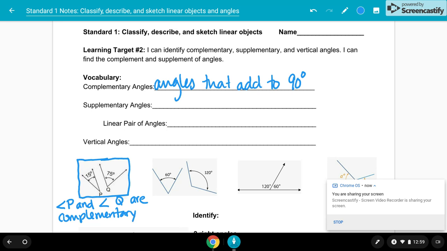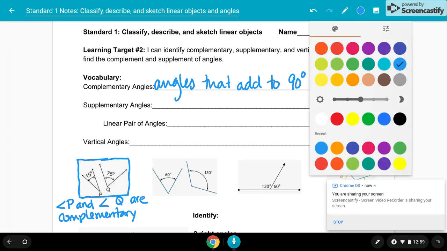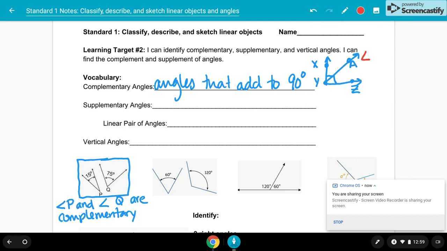Now, another thing I want you guys to know about complementary angles, it could look like this. If you have a right angle, let's say this is X, Y, Z, and it's a right angle, and you have a ray sticking out of it, let's call that A. Then you could say that angle X, Y, A and angle A, Y, Z are complementary.